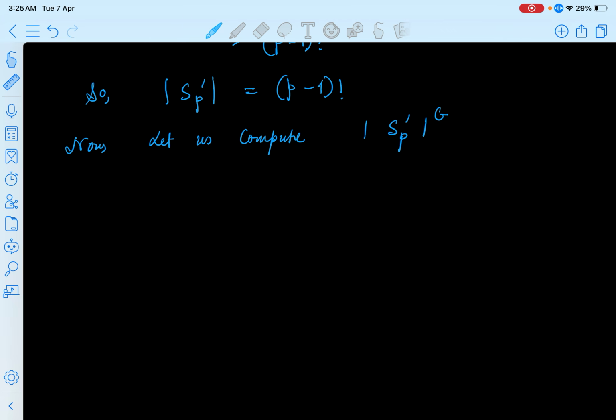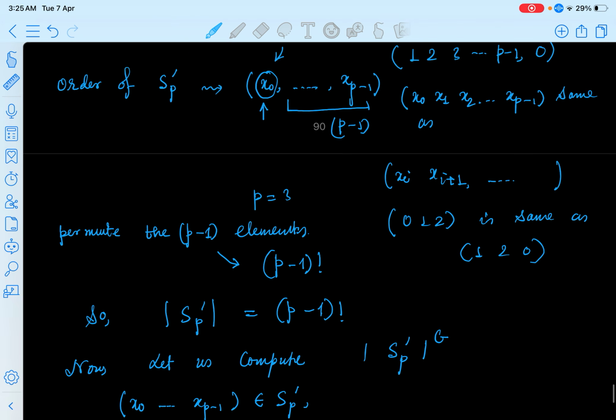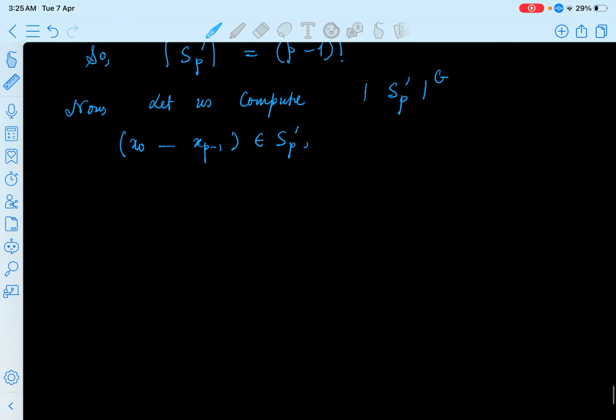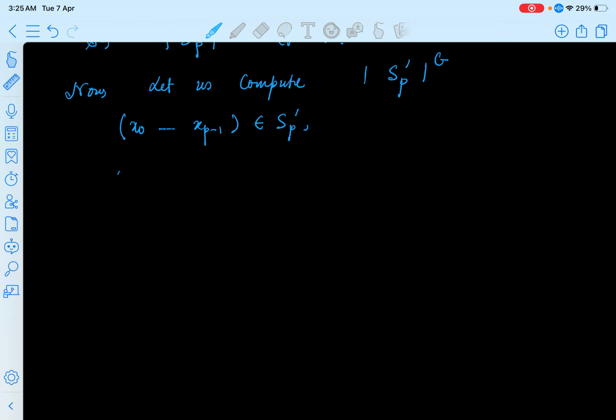A fixed point means a cycle from Sp prime that is fixed by every element in Zp. In particular it is fixed by the element 1. What is the action of 1 on (x0, up to xp minus 1)? It sends it to (x0 plus 1, x1 plus 1, up to xp minus 1 plus 1) mod p.